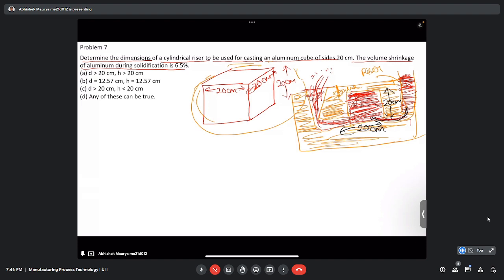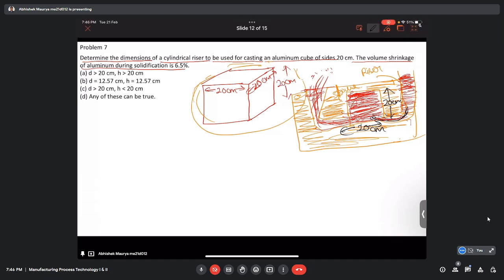So that is the key idea that we have to do. But let's try to calculate how much volume we have and how much volume is required after the solidification.